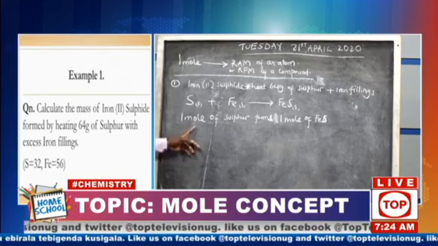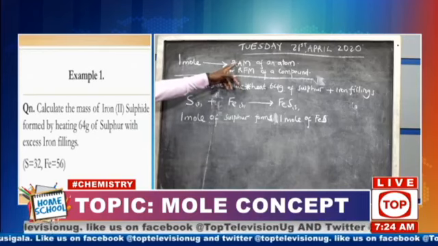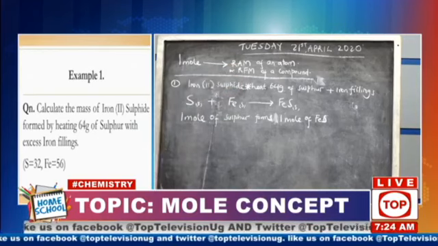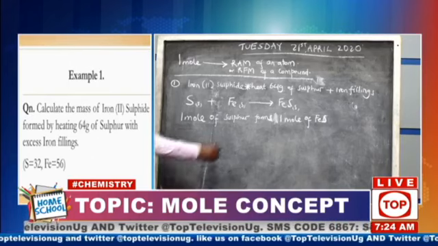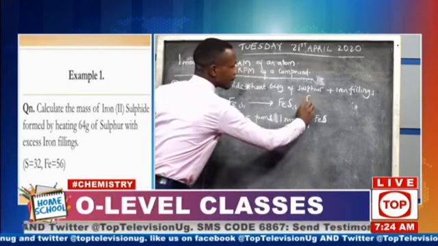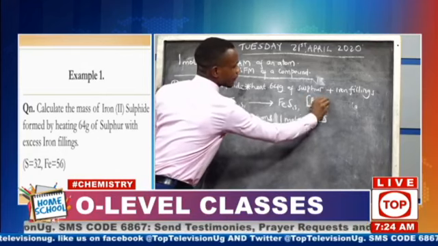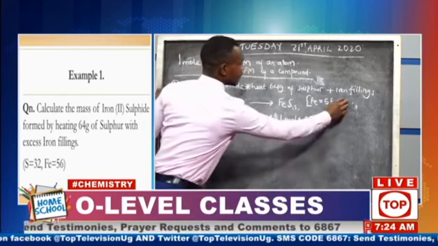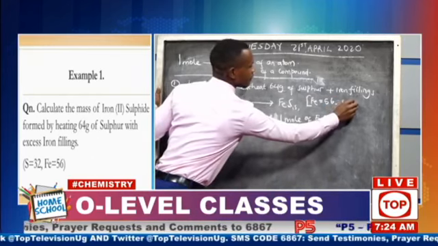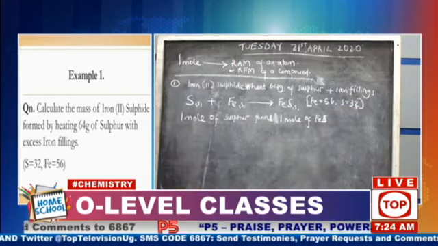Remember, we said 1 mole of an atom is equal to the relative atomic mass. So we check in our brackets. They have given you here in brackets that iron equals 56, okay? And the sulfur equals 32. They have given it to you in brackets. So that's what you use.